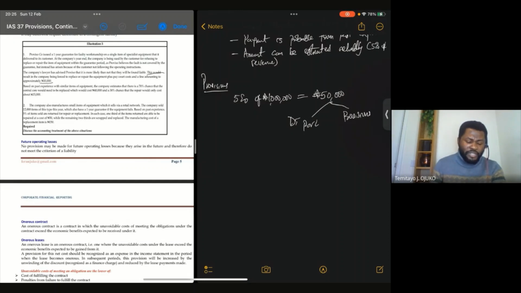2, The company also manufactures small items of equipment, which it sells via a retail network. The company sold 12,000 of this type this year, which also have a 1-year guarantee. If the equipment fails, based on past experience, 5% of items sold are returned for repair or replacement.